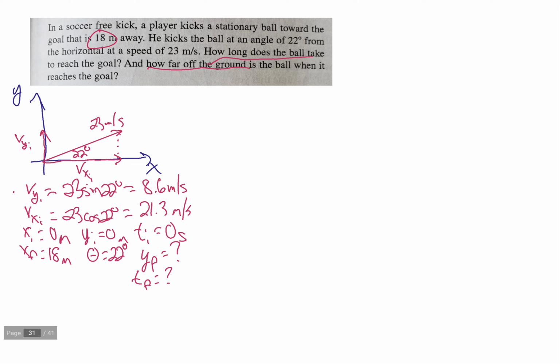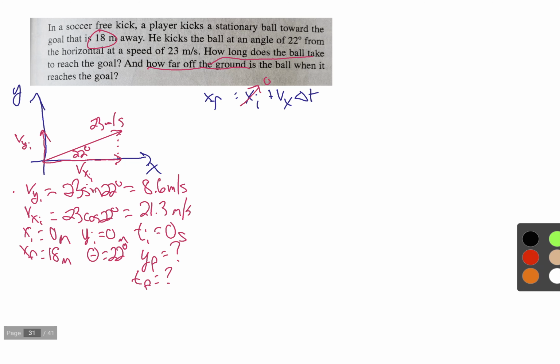So I'm going to change colors again, and let's use x sub f equals x sub i plus, really it's the velocity in the x direction because the velocity doesn't change, delta t. Okay, now x sub i is 0, and I'm solving for delta t.